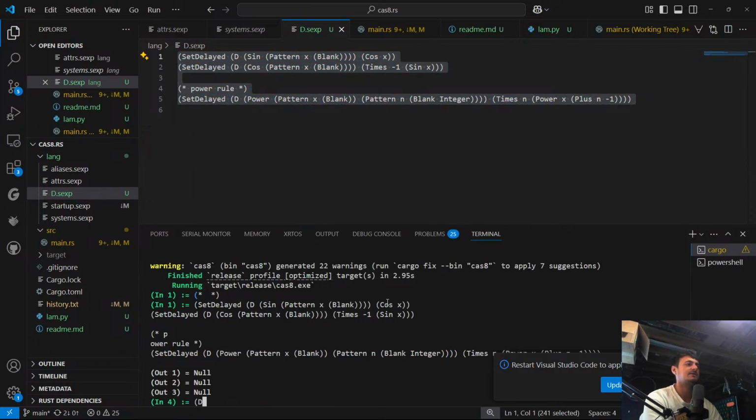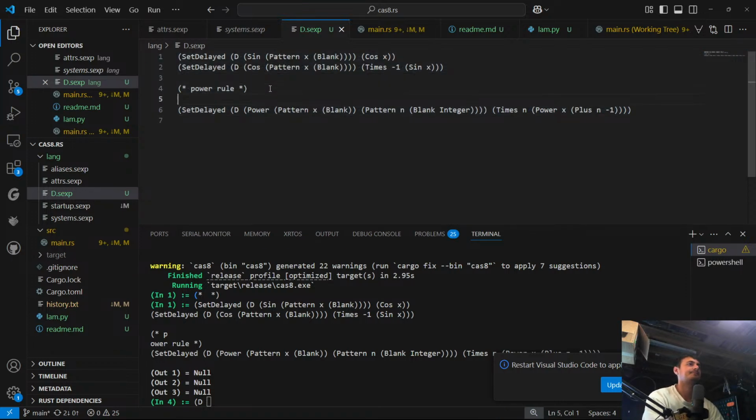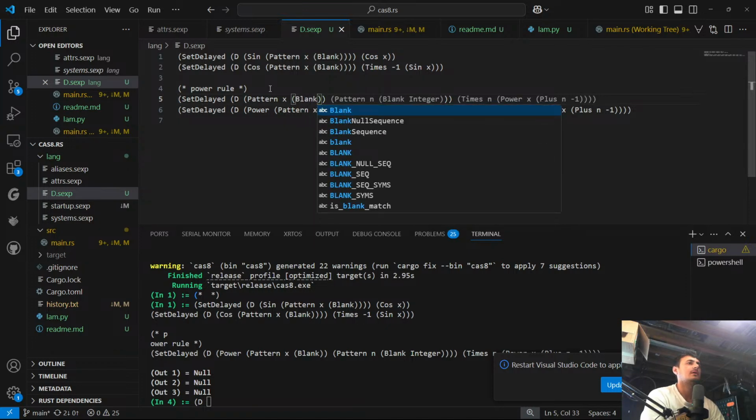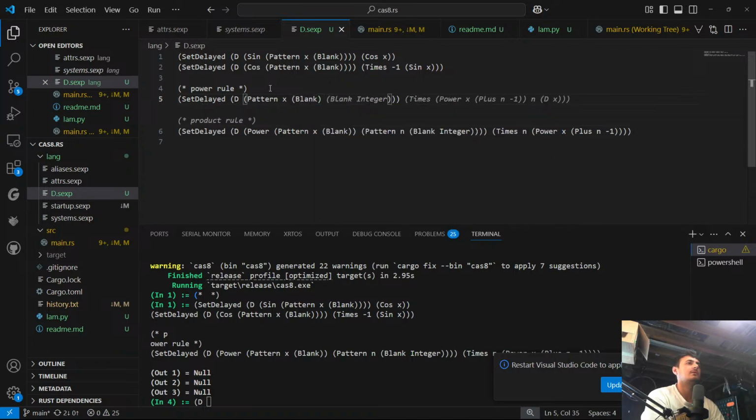I should be able to just say D, oh, but you know what? Let's do this. Set delayed D, power, oh wait, no. Pattern X blank pattern.